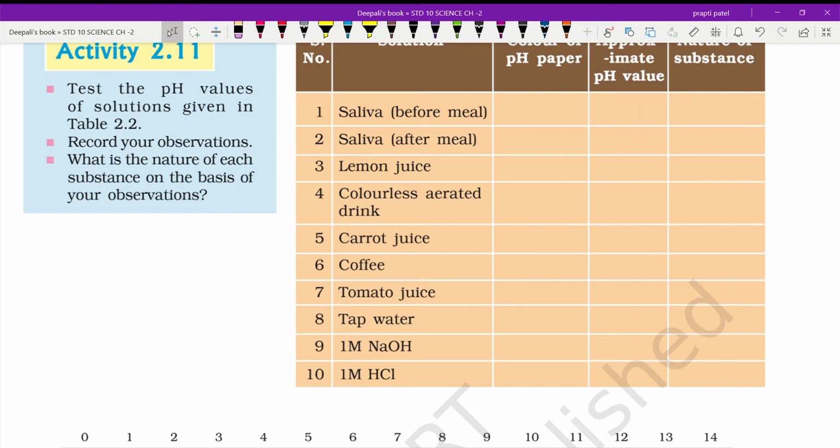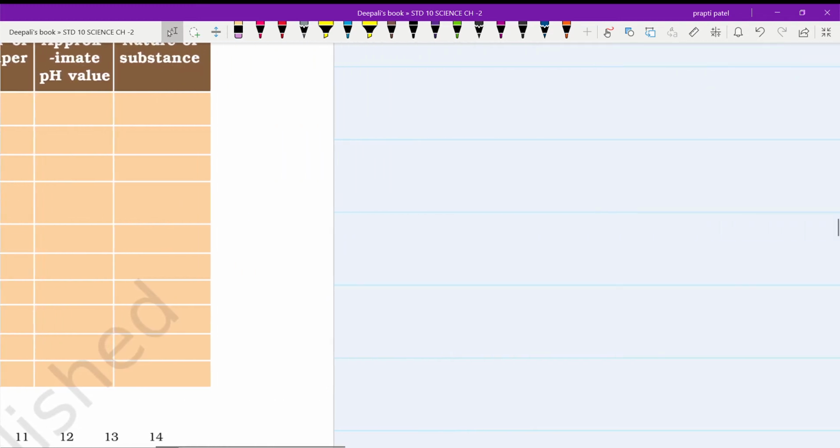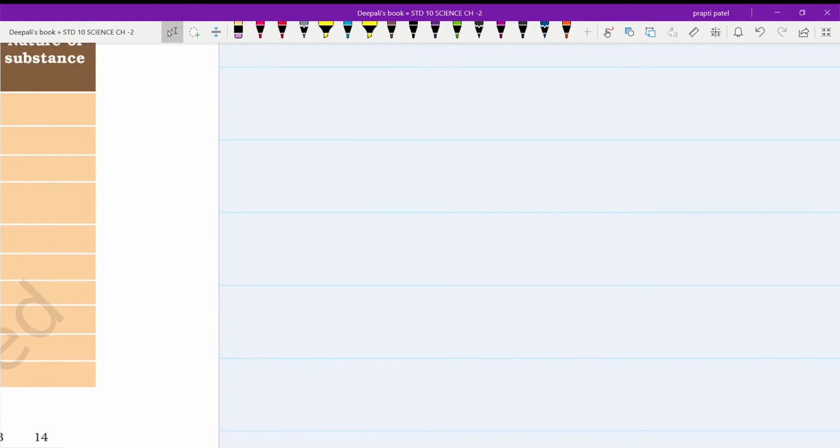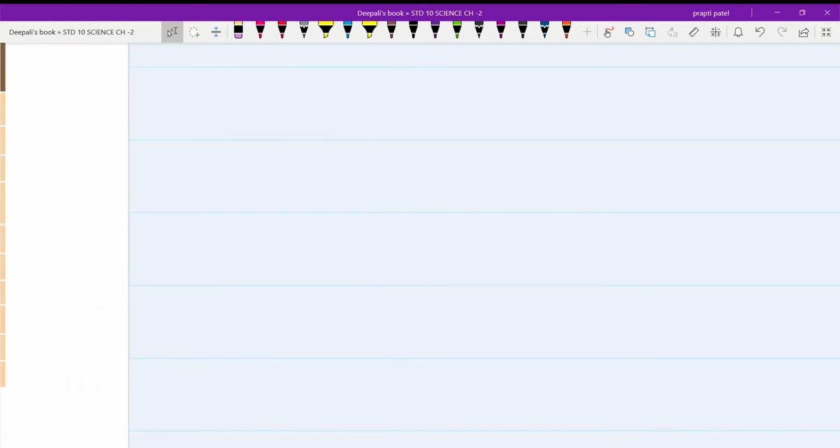In general, the higher the concentration of hydronium ion, the higher the acidity and the lower the pH value. And the lower the concentration of hydronium ion, the lower the acidity and the higher the pH value. Now you can easily write an equation to represent this.